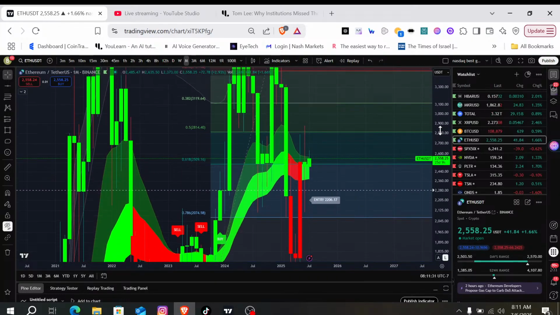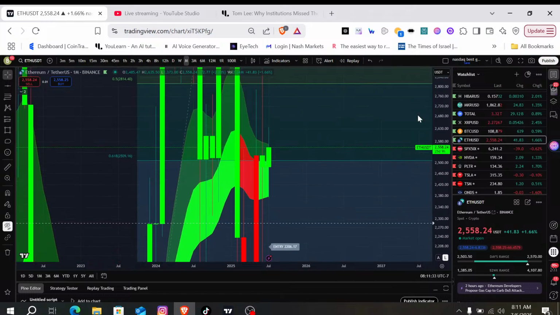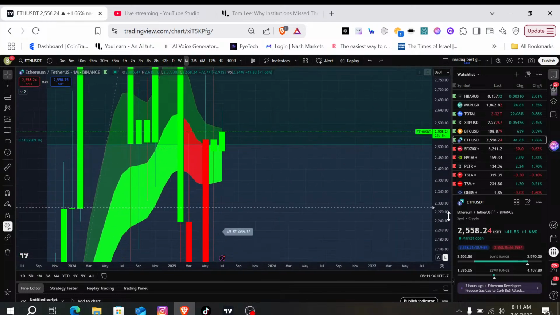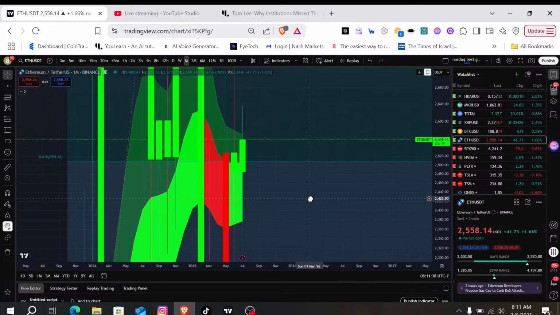Also, right here, there's something that I call the three candle box. Just like right here, where the candles will form a clear box, and sometimes it won't be clear, but they'll form a box where the first one will create your support.